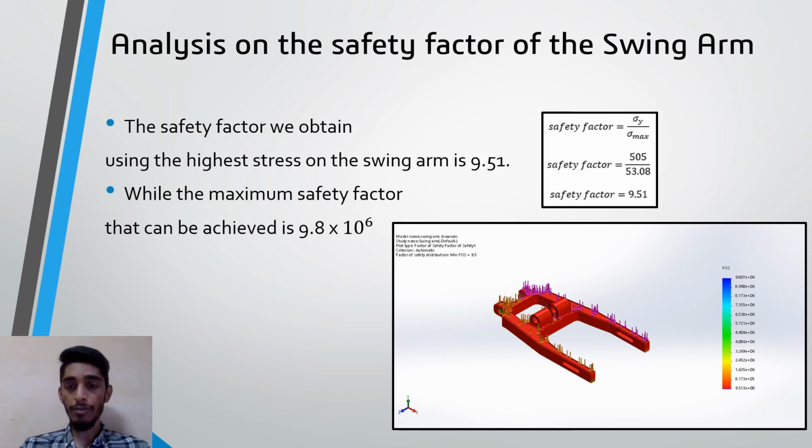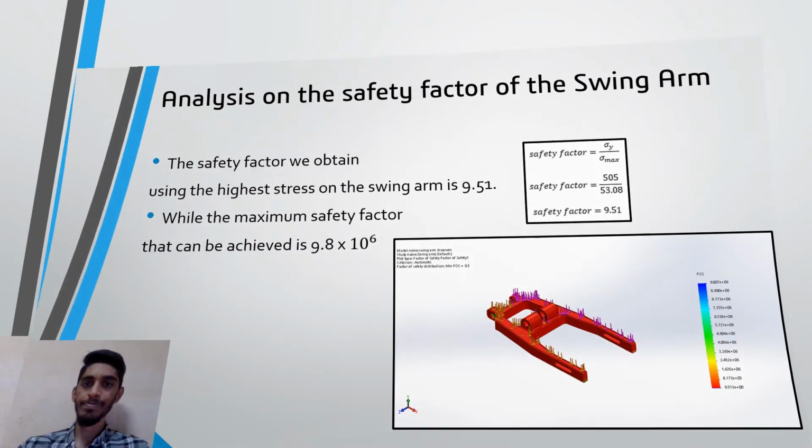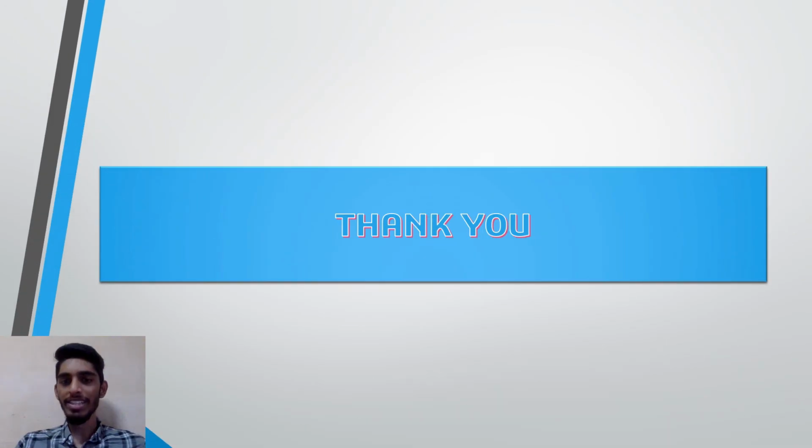From this, it tells us that during cornering, the swing arm requires at least a safety factor of 9.51 to sustain the load without failing. And if the safety factor goes below 9.51, the swing arm has a high possibility to fail. So that is all from me. Thank you.